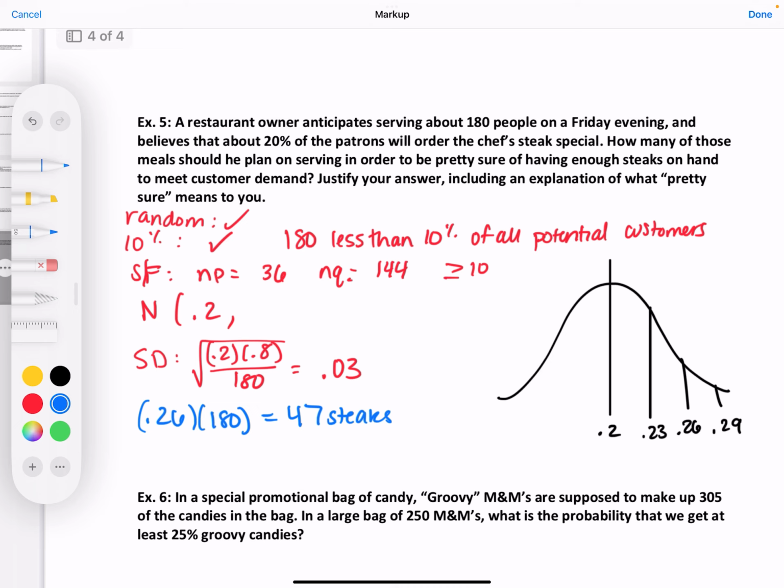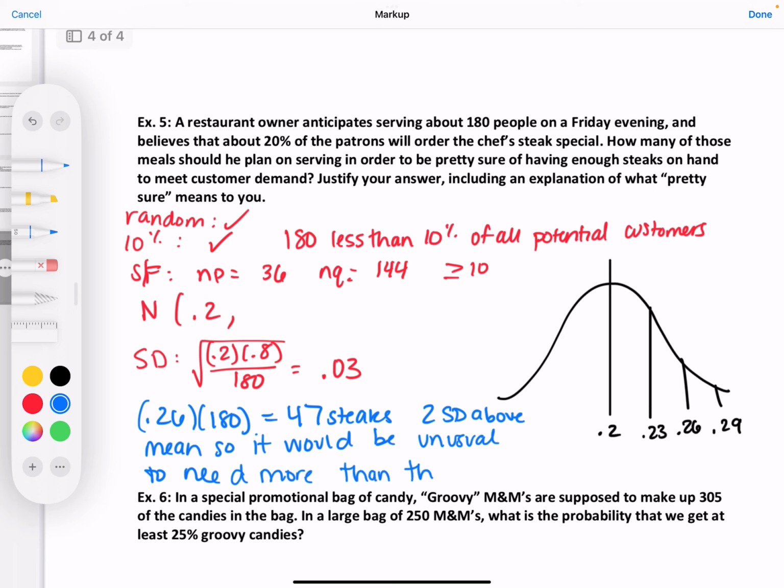He needs 47 steaks, because that's 2 standard deviations above the mean. It would be unusual to need more than that. So with 47 steaks, I would be pretty sure there is enough to meet the demand.